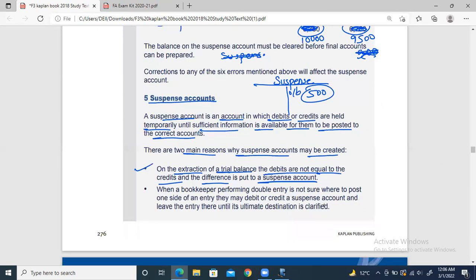Okay, now secondly, when a bookkeeper performing double entry is not sure where to post one side of an entry, they may debit or credit a suspense account and leave the entry there until the ultimate decision is clarified. So if they're unsure, the purpose is that they actually don't know where the mistake came from.